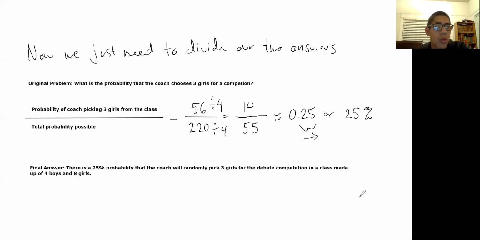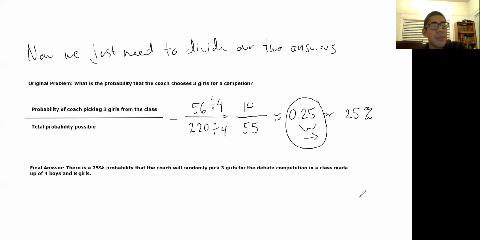But in the real world, we want things in percentages, which means we're going to have to convert that into a percent. So 14 divided by 55, if you put that in a calculator, what you ultimately get is a decimal: 0.25. Again, if you ask me that question and I tell you 0.25, most people would still look at you like you're crazy.